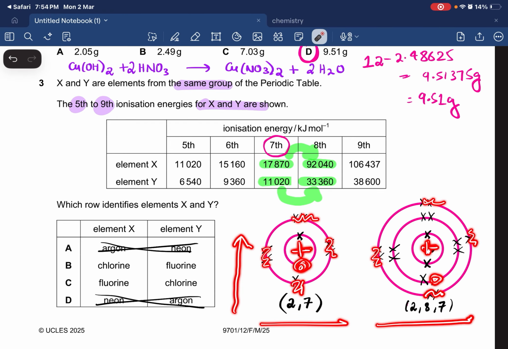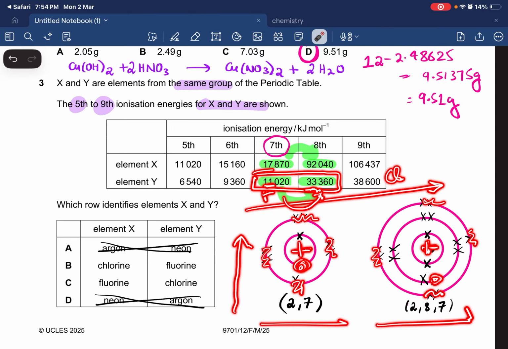And you know that when we come down the group, consider the group like fluorine, chlorine, the ionization energy decreases. So the element which has a lower 7th to 8th ionization energy jump is going to be chlorine, and the one which is higher is going to be fluorine, because we know down the group ionization energy decreases.